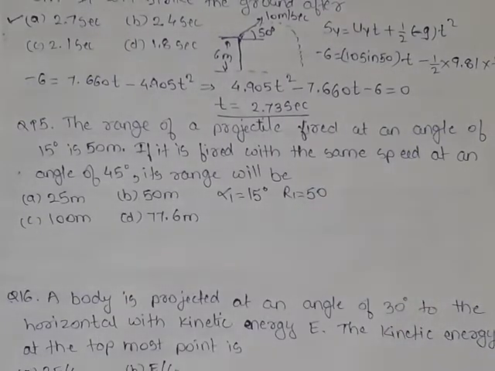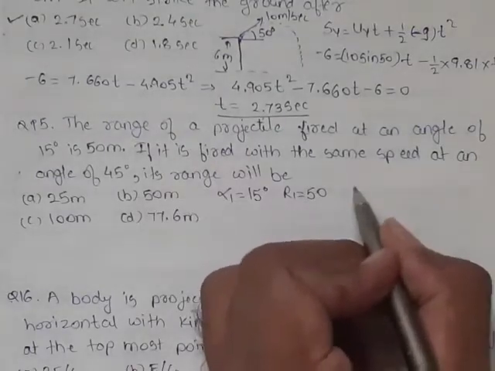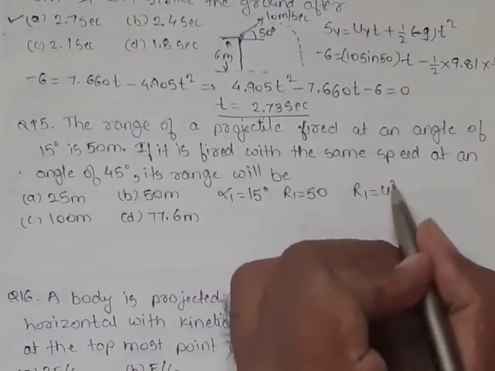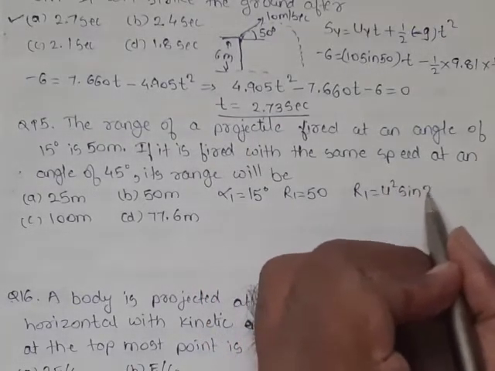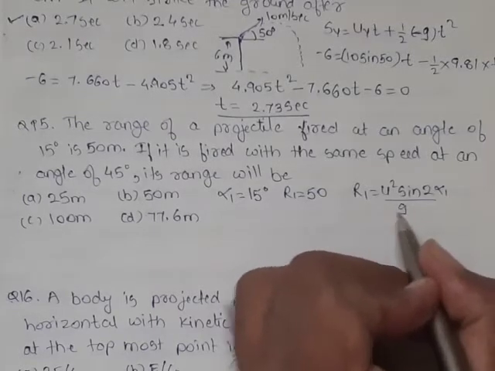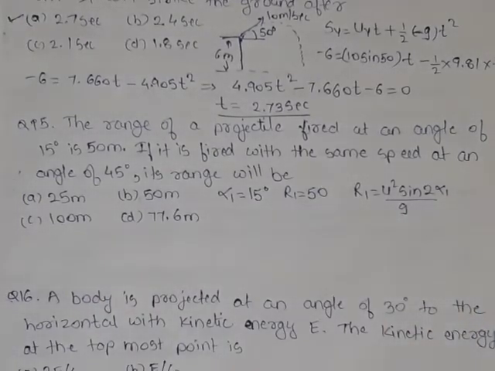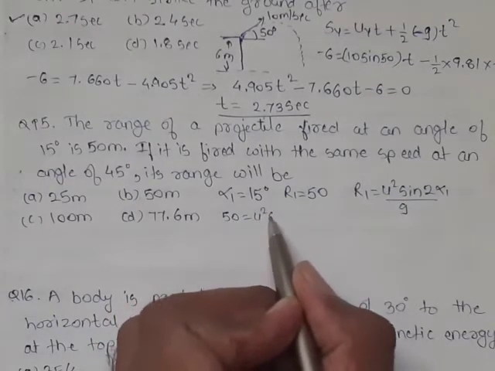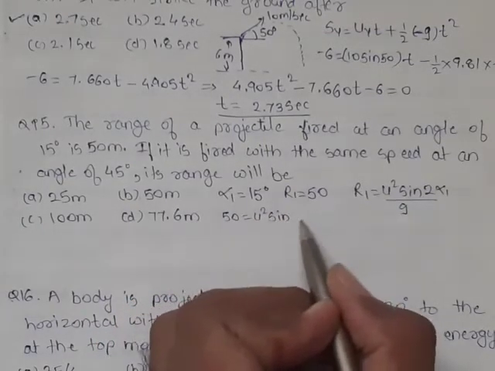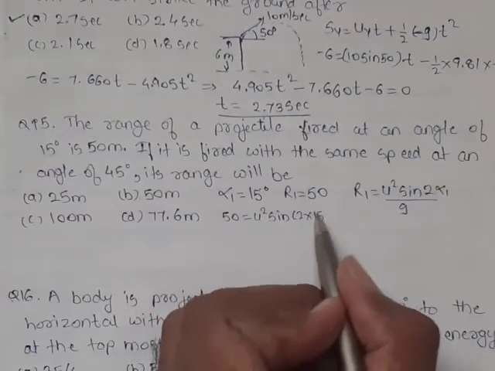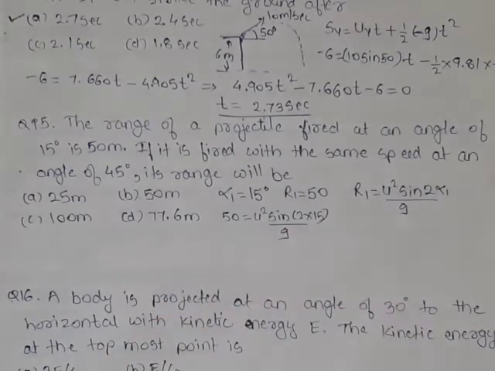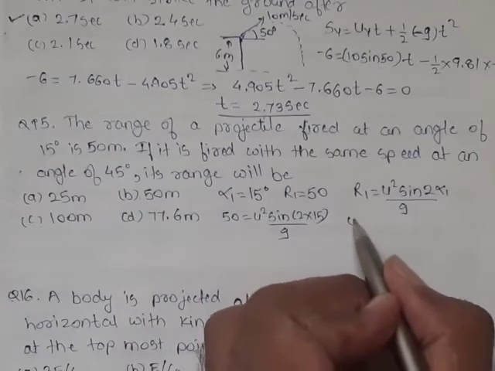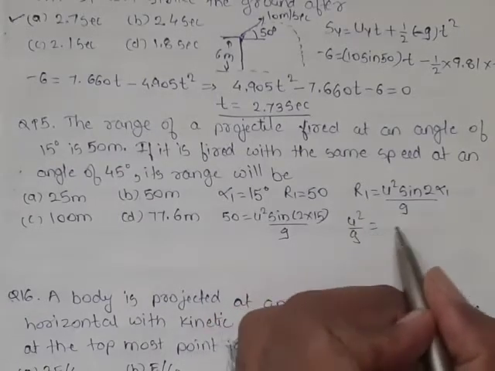So here we put this value. We know the formula for R is u square sine 2 alpha 1 upon g. Putting the values, 50 equals u square sine 2 into 15 upon g. From here we get the value of u square upon g equal to 100.